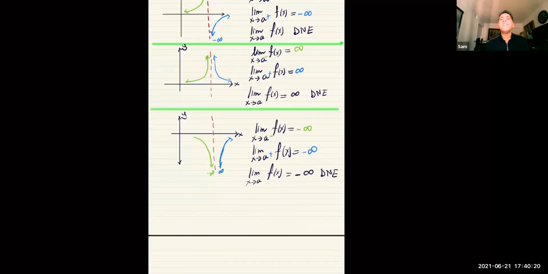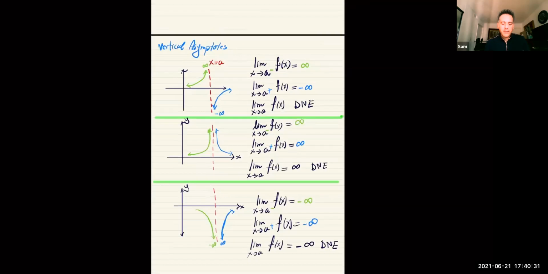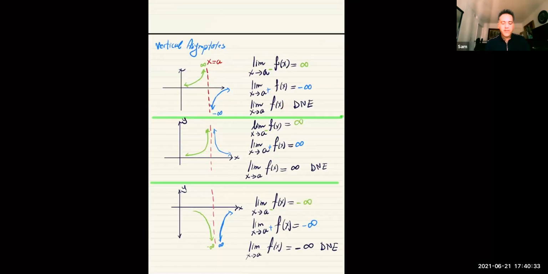Justifies, yeah. Infinity is not a value. We don't use the word value. We are just being, again, as I said, more specific with it. Here I couldn't write down that this is equal to either infinity because there are different infinities. But regardless, whenever there's a vertical asymptote, the limit doesn't exist.